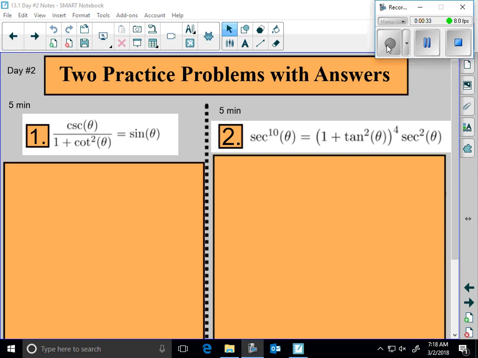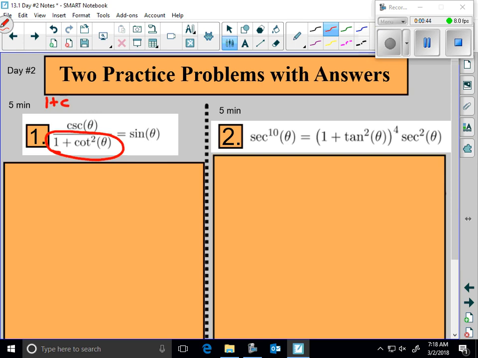Okay, problem number 1 of our practice problems here. First thing that jumps off the page at me is this right here, and this is an identity. 1 plus cotangent squared theta is equal to cosecant squared theta. So I'm going to work on this left side here. I'm going to have cosecant of theta over cosecant squared theta.